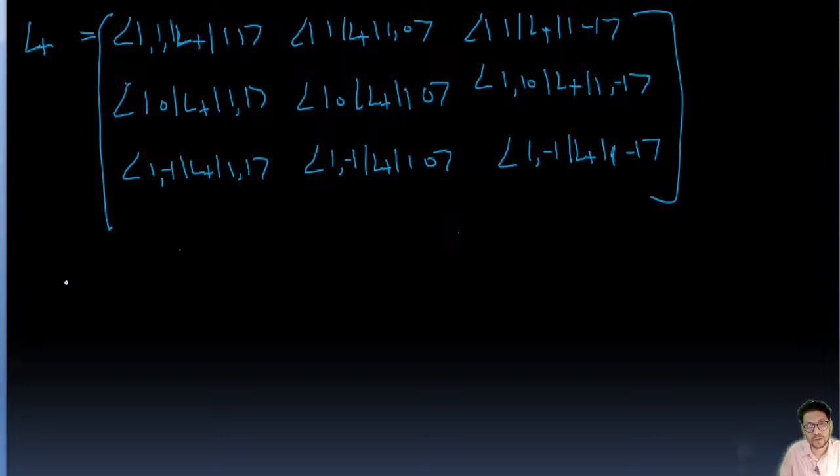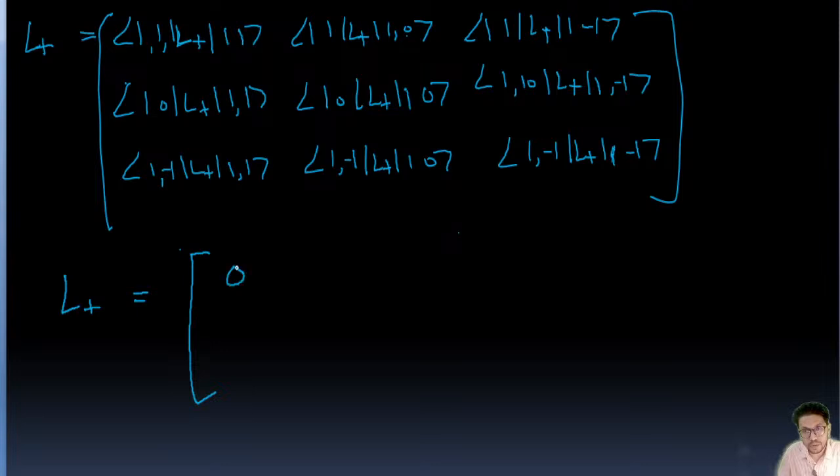Okay, so L plus. Here we'll check these values. So we need 1 1, 1 1, right? So this is not possible because this is going to be 1 plus 1, 2. So this is not correct. Here 1 and 0 plus 1. So this is going to give a value, right? 0 plus 1.